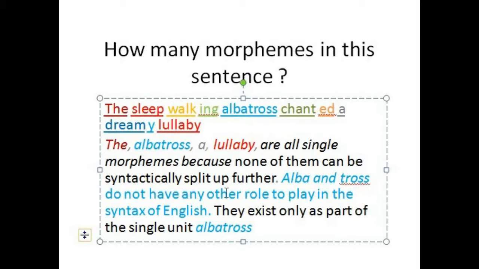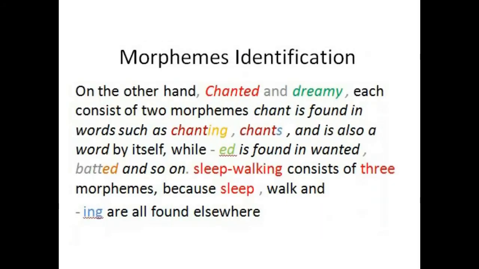We don't have alba and tross, okay? We could split them into two, but this cannot be applied, okay? We don't have any other rule to play in the syntax of English, okay? They exist only as part of the single unit, which is albatross, okay?